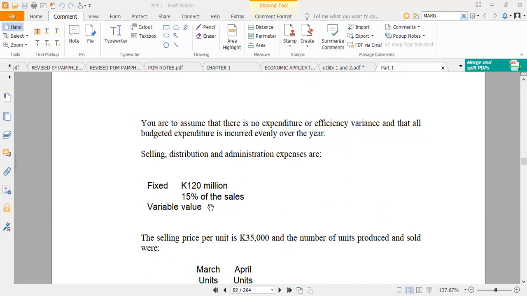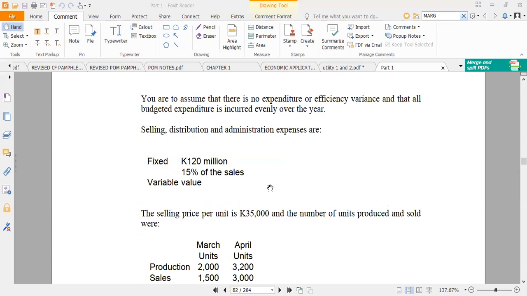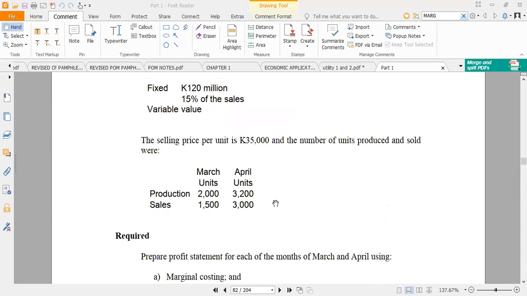Then we are told the variable selling, distribution, and admin expenses are 15% of sales. The selling price per unit is 35,000.